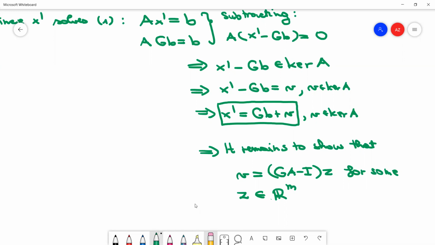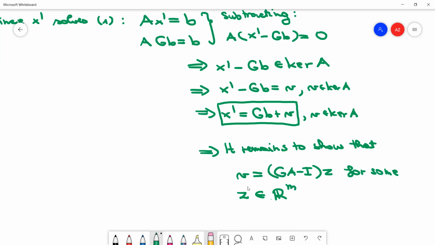So what would you take for Z? Does anybody see? It's very connected with V. It's almost V. We only need to correct the sign. So if we calculate GA minus identity on V, we get GAV minus identity on V, but we know that V is in the kernel, so this GAV will disappear, and we will get minus identity on V. So the signs won't match.